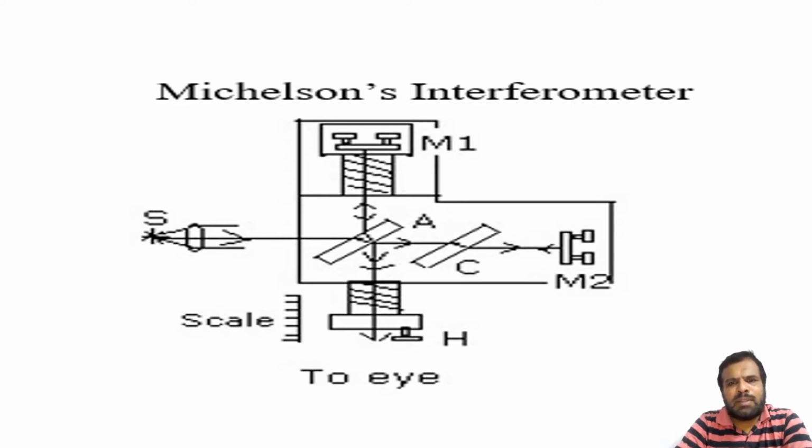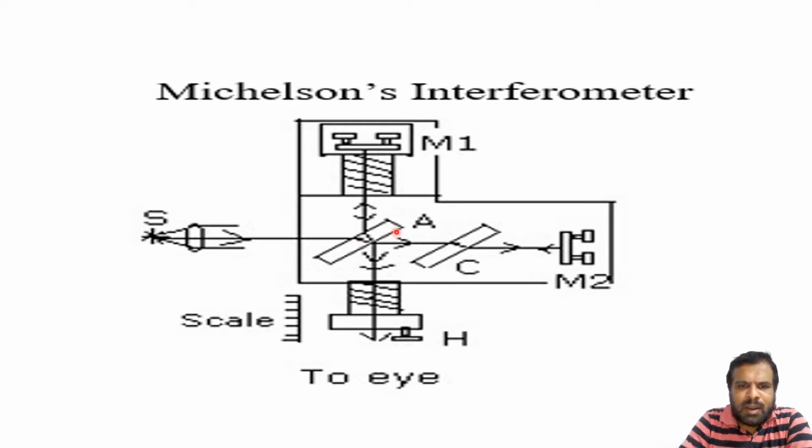This is the Michelson's interferometer instrument or setup. It consists of two highly polished mirrors M1 and M2 and two plane glass plates A and C. A is a beam splitter.